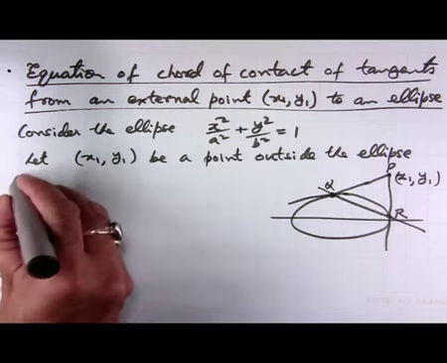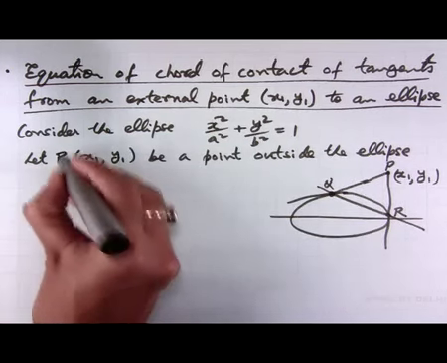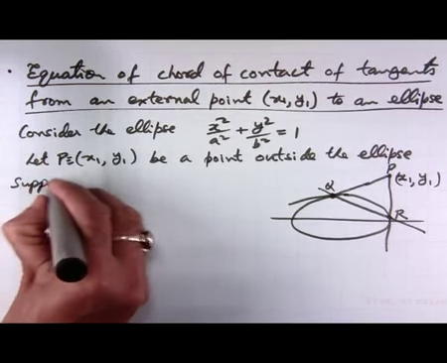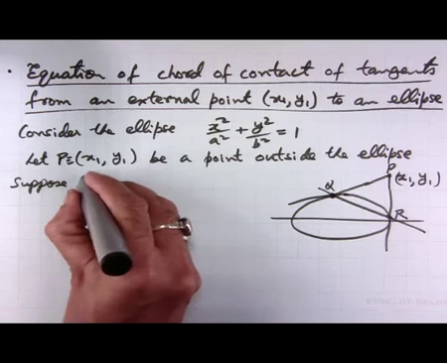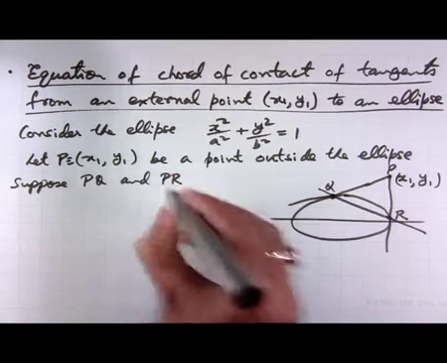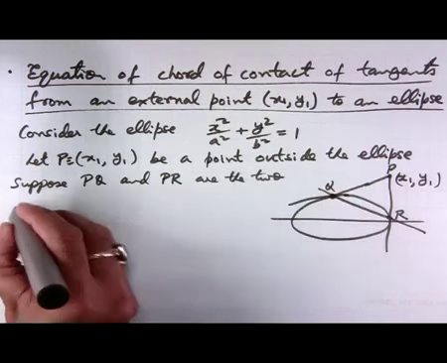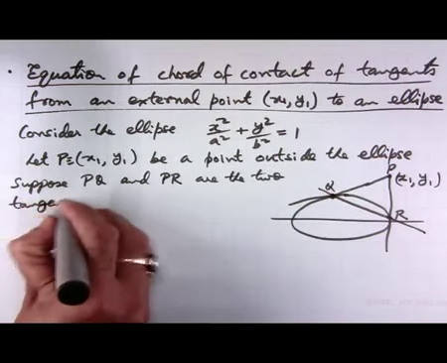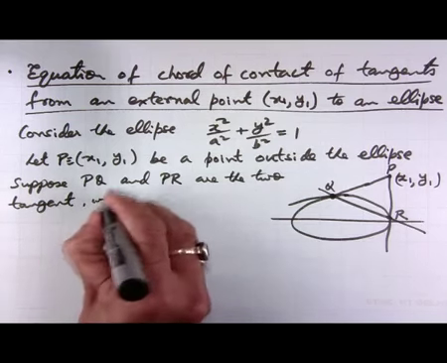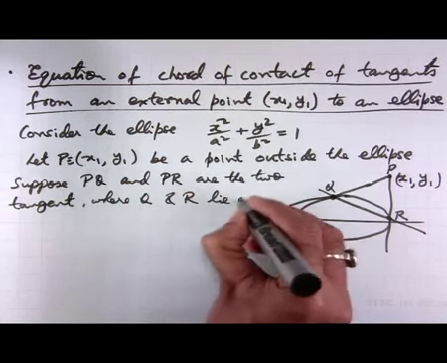So, this is say point P, suppose PQ and PR are the two tangents where Q and R lie on the ellipse.